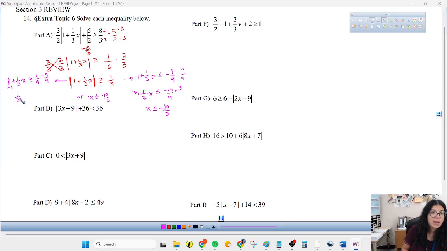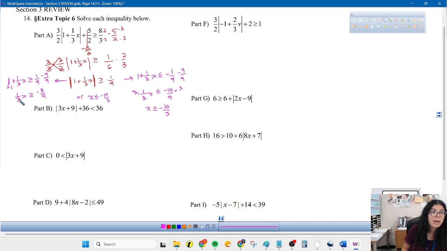We get 1/3 x is greater than or equal to negative 8 over 9. And then multiply by 3. We get x is greater than or equal to negative 8 over 3. So that's our solution. X has to be greater than negative 8 over 3 or less than negative 10 over 3.